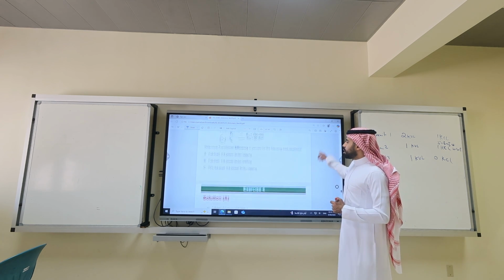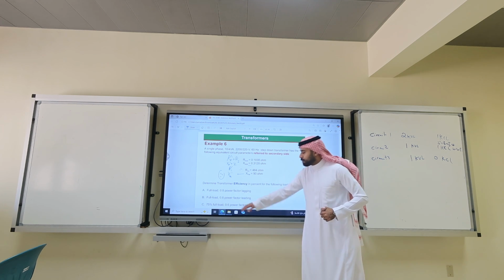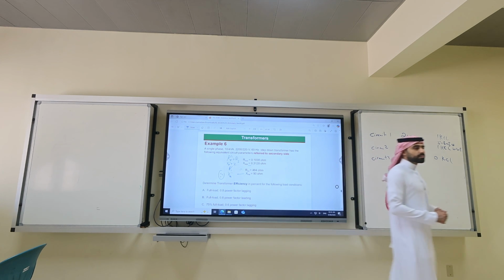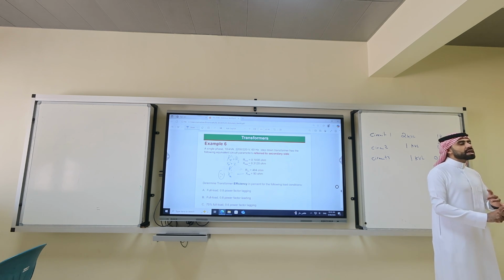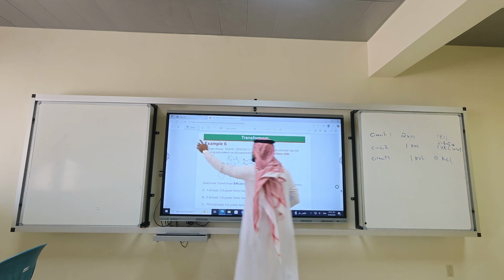So, 0.8 power factor lagging, leading, 0.6 power factor lagging. What do I learn from this information? Theta I and theta, as well as the real power. So what is the real power here?